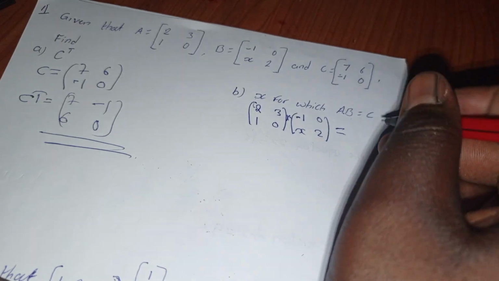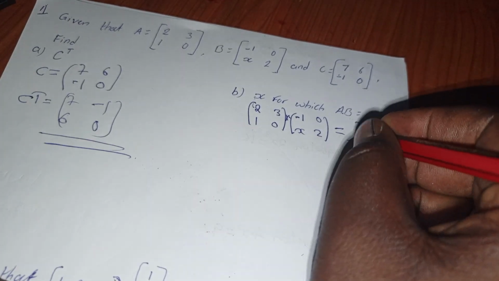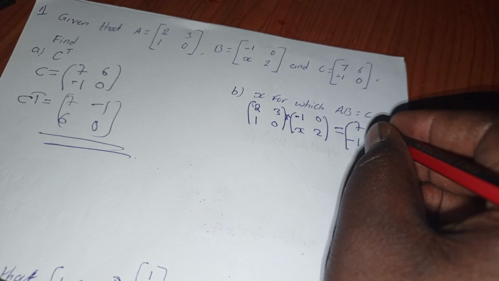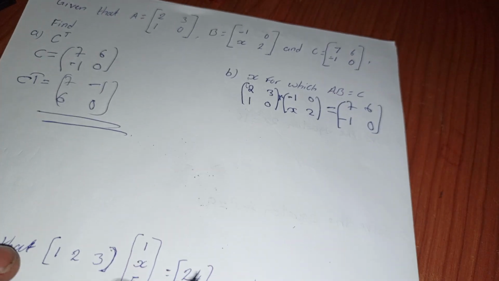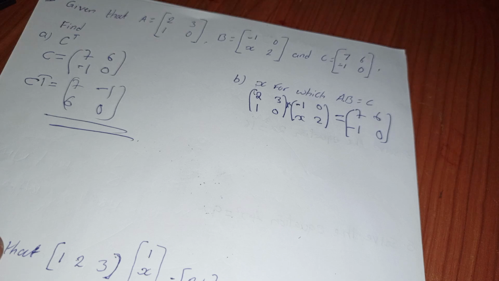Then my C is 7, -1, 6, and 0 here. Good. So now they want us to find the value of x.